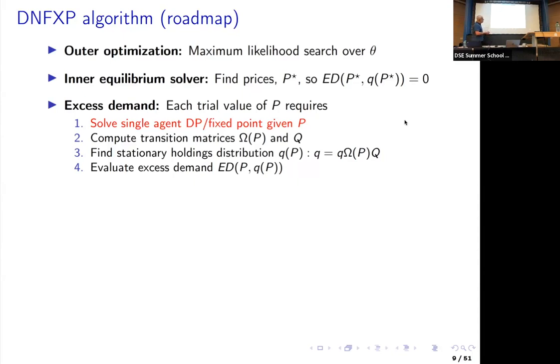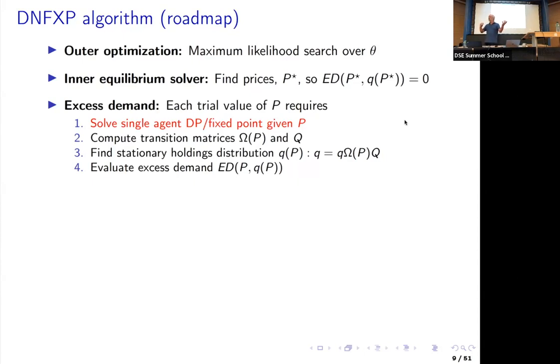So given that state transition, you can calculate the stationary holdings distribution. That is how many people have cars of age 1, 2, 3, 4, 5, of different ages. Okay, and you can also do that for the different types of consumers. Given that, you can aggregate up and calculate the excess demand. Now, excess demand should be 0, right?